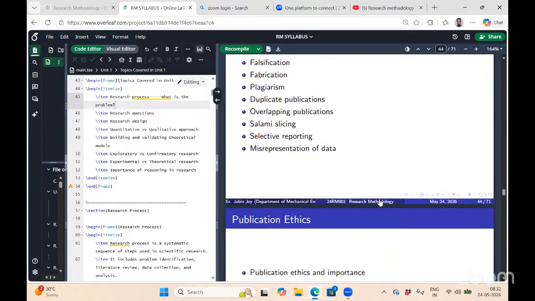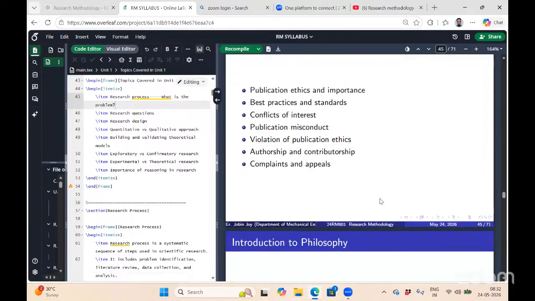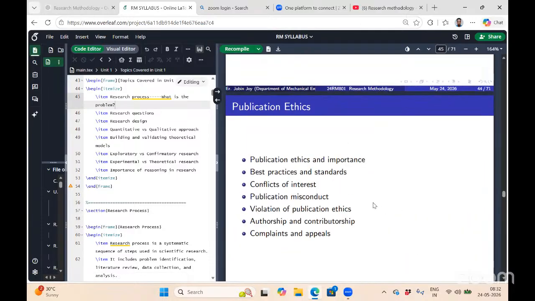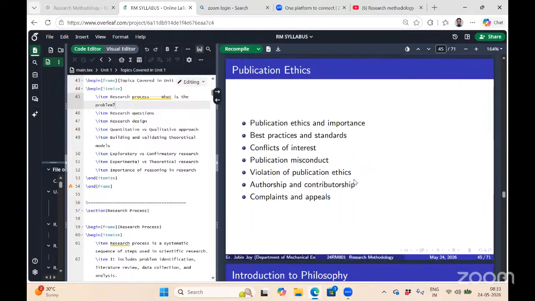Ethical publishing improves the credibility and reliability of scientific research. For example, giving proper citation to journal articles used in a thesis is an ethical publication practice.